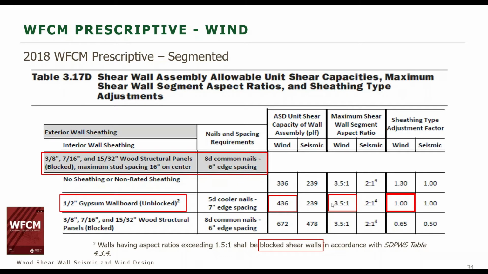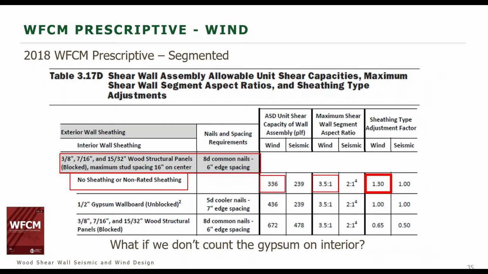and the maximum shear wall aspect ratio is 3.5 to 1. So we're less than that. And then the sheathing type adjustment factor is equal to 1.0. So if we neglect the contribution of the sheathing, we would then go into the top row of this cell, and we see that our sheathing type adjustment factor changes to 1.3.